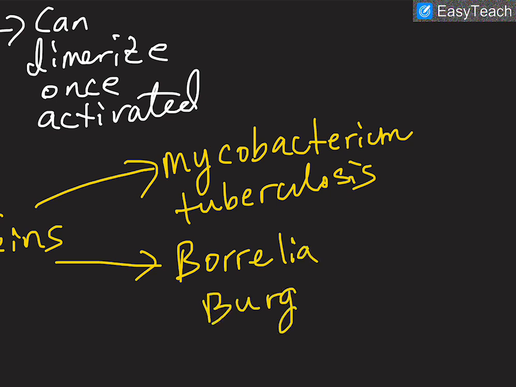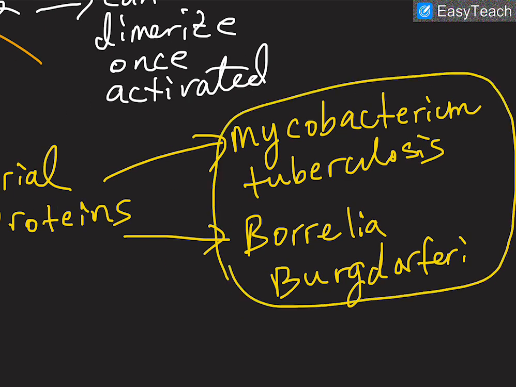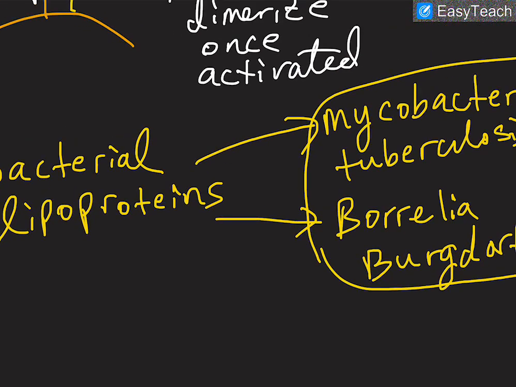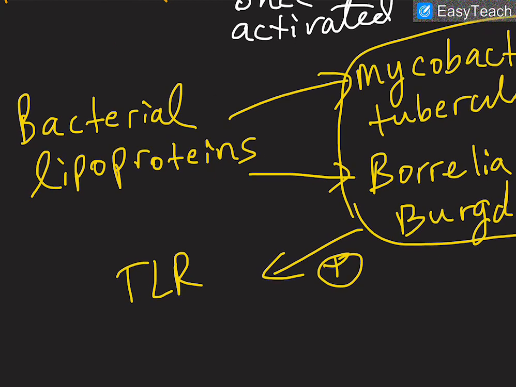These two bacteria can activate our toll-like receptors 1 and 2 because they have bacterial lipoproteins.